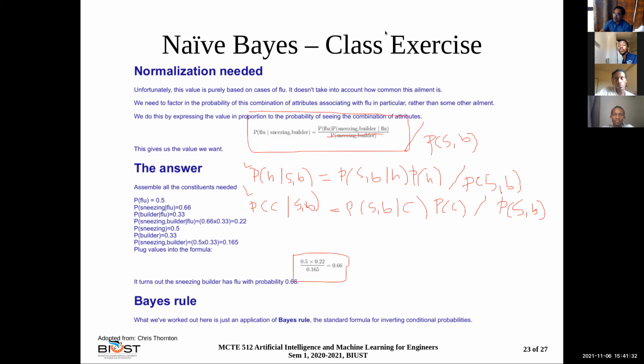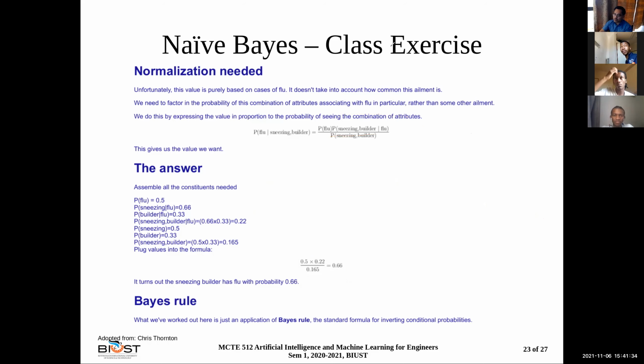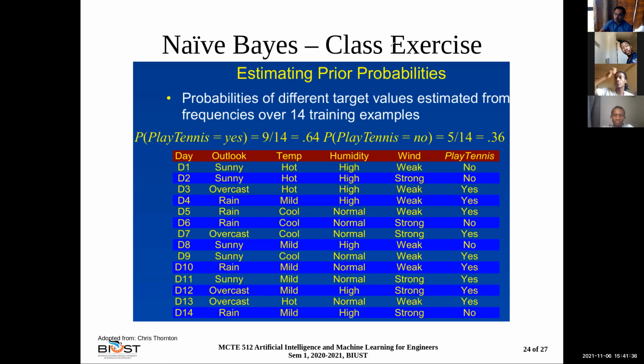Depending on which one is more effective for the student, it's fine. So now we have this example of estimating playing tennis or not. We have considered this many times, I think in the Bayes rule.